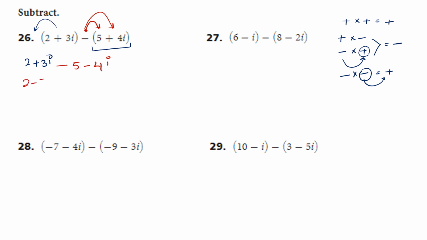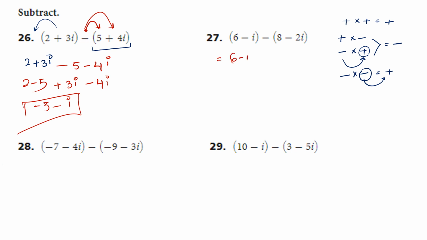Write the real part together and the imaginary part together. Add them or subtract them accordingly. 2 minus 5 gives us negative 3. Plus 3i minus 4i gives us negative i. So basically in subtraction, only the first step is different, that is the art of opening a bracket.